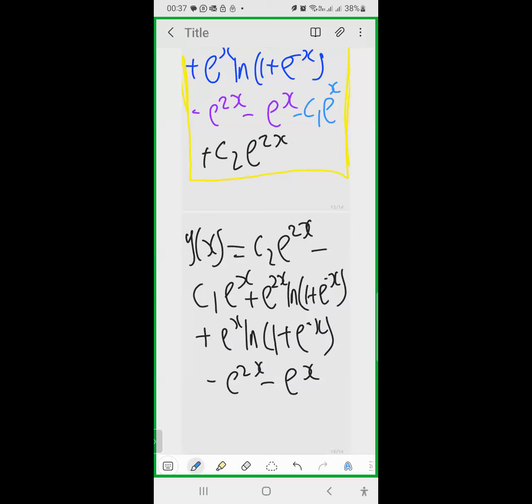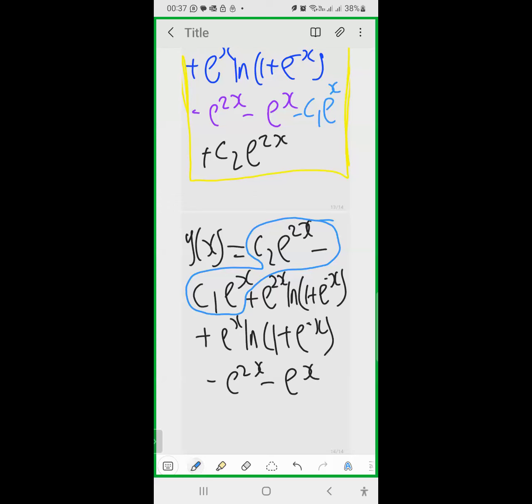If we were to use the variation of parameters method, we would notice that there's a solution here in terms of the constants C1 and C2, which is the complementary solution, the solution to the homogeneous equation.